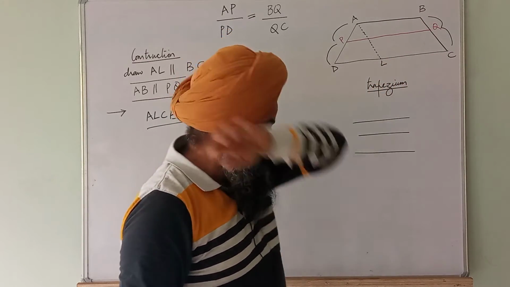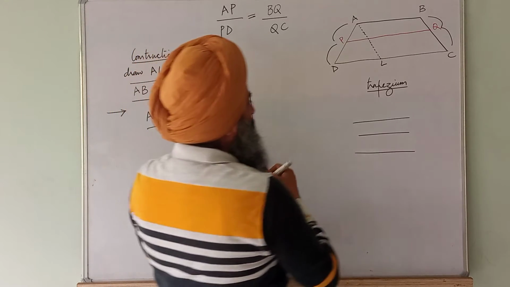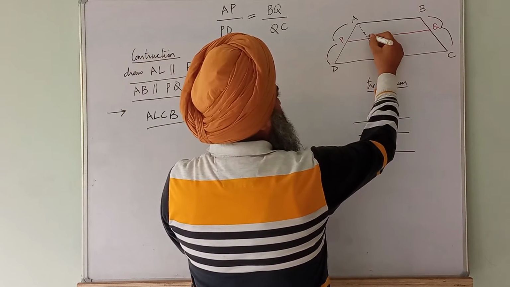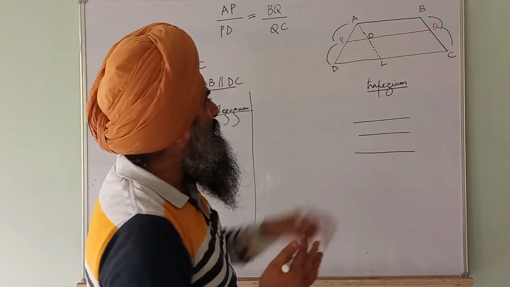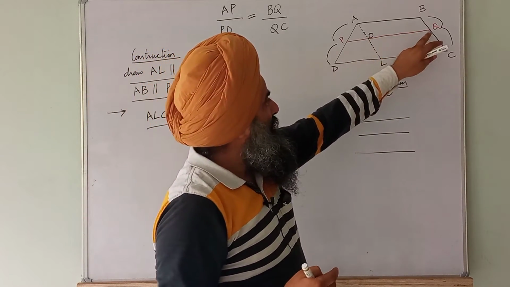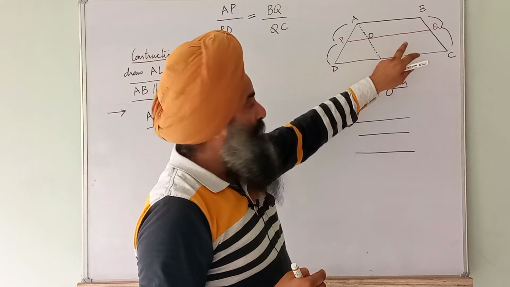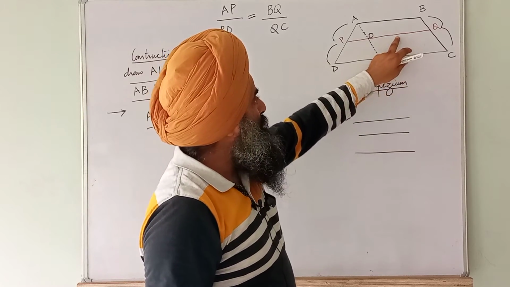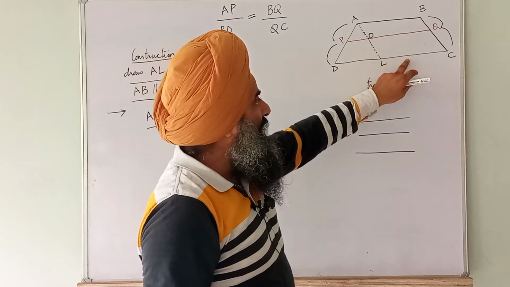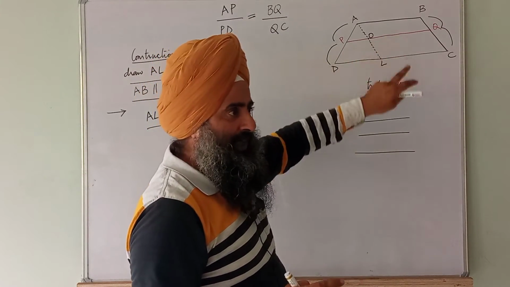Okay, fine. So if that is the case, let us say this point is O. Obviously we know that OQ is also parallel to LC, because OQ is part of PQ and LC is part of DC. So both are parallel.